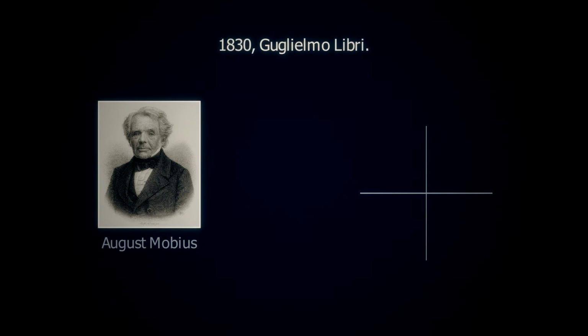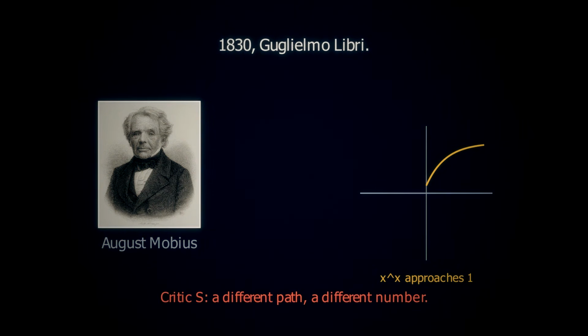Möbius showed that as a positive number x shrinks toward 0, the expression x to the power of x approaches 1. Then an anonymous critic, known in the historical record only by the initial S, challenged Möbius's proof with a counterexample, a different path toward 0 that landed on a completely different number. The debate ended without a clean winner on either side.